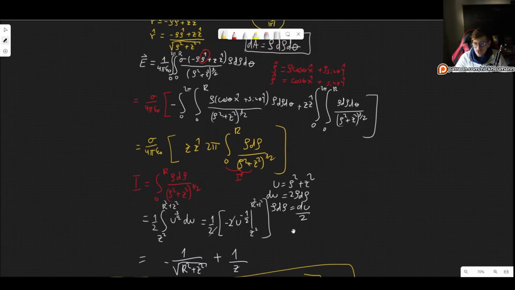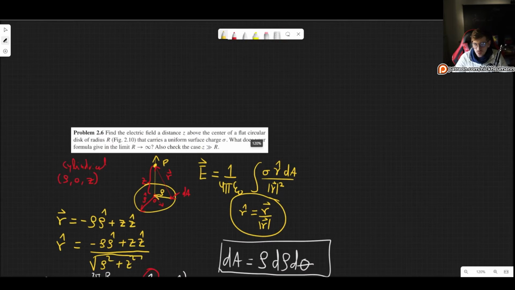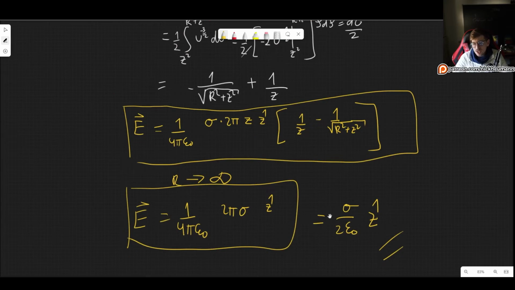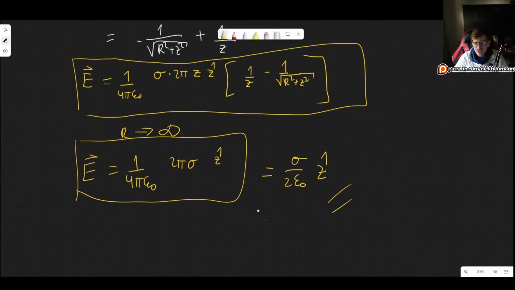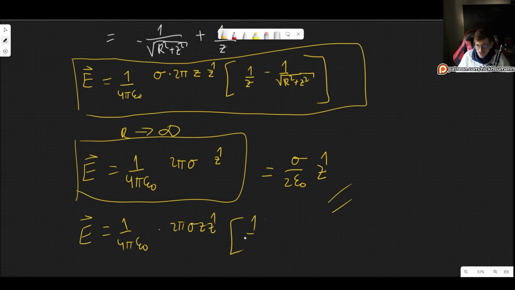Now, what about the other limit, in the limit where z is much, much greater than r, when we are very far away. Well, when we are very far away, the electric field is 1 over 4 pi epsilon 0, 2 pi sigma z z hat, 1 over z. Now, if z is much, much greater than this r part, then we get 1 over z.